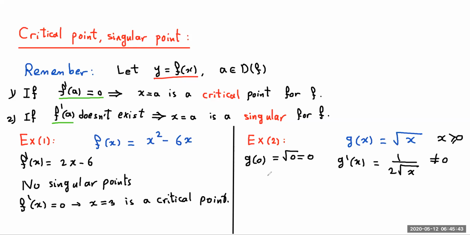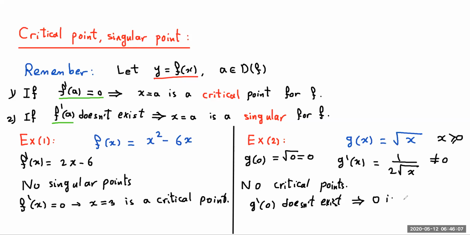Okay? So no critical points. But what is j derivative at 0? j derivative at 0 doesn't exist. So x equals 0 is a singular point.